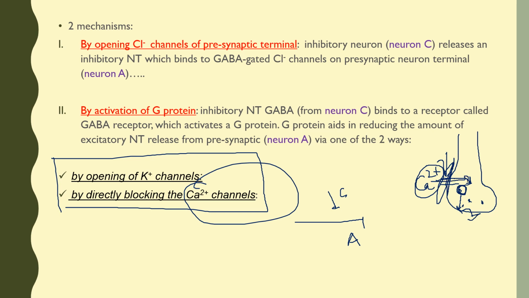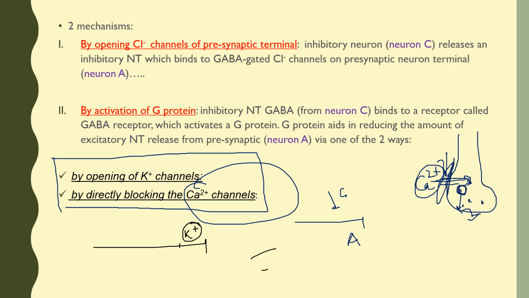That is one mechanism. The second one is by opening of the potassium channels. Say there is opening of the potassium channel. Is the potassium concentration more in the ICF or the ECF? It is always more in the ICF.